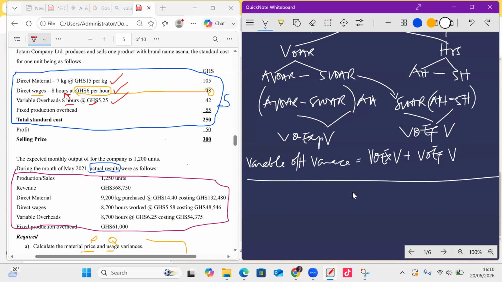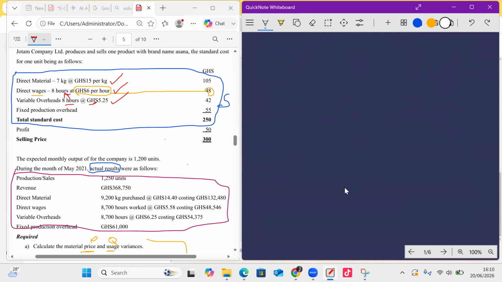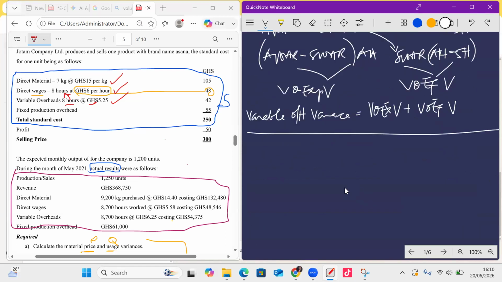The next one. We will come with fixed overhead, fixed production overhead. There are two elements. We have the expenditure, so here too we have OAR because it's an overhead, but we have the FOAR, times the quantity.